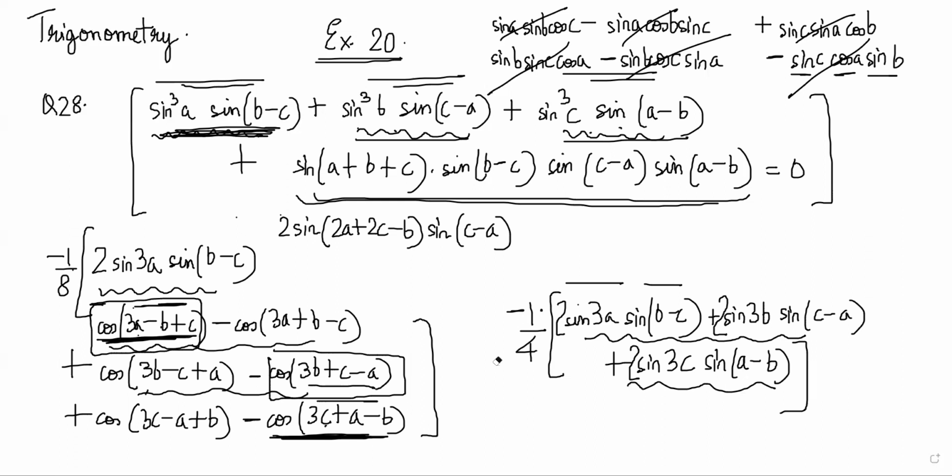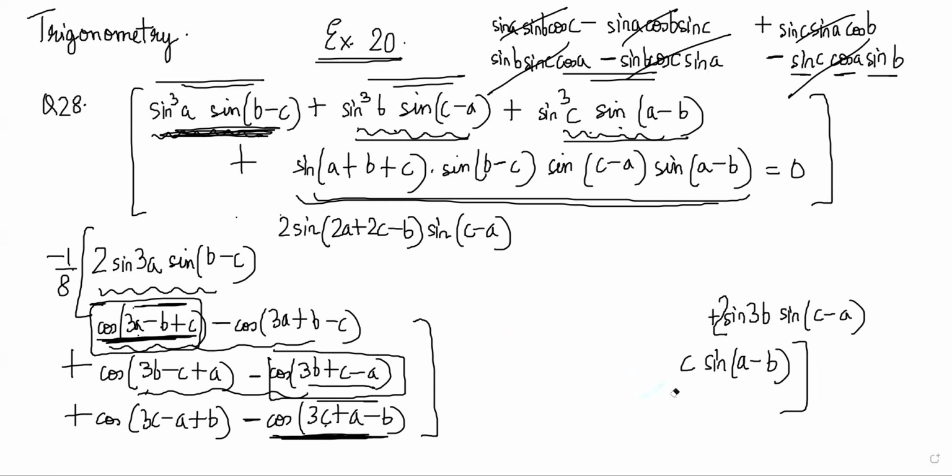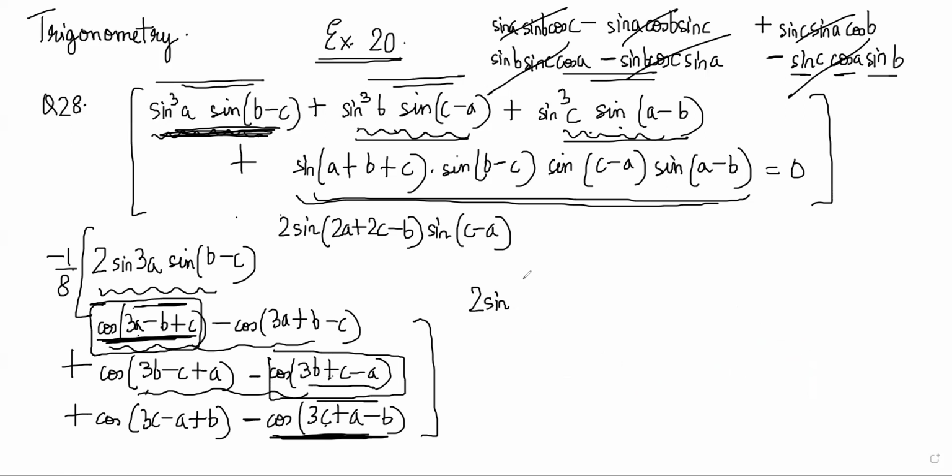Why am I saying that? If you group that, you will get 2 sine (a plus b plus c), I think. Do you see what will happen? This minus this, okay? First term will be (C plus D) by 2, right? Yes. What is 3a minus b plus c plus 3b plus c minus a by 2?